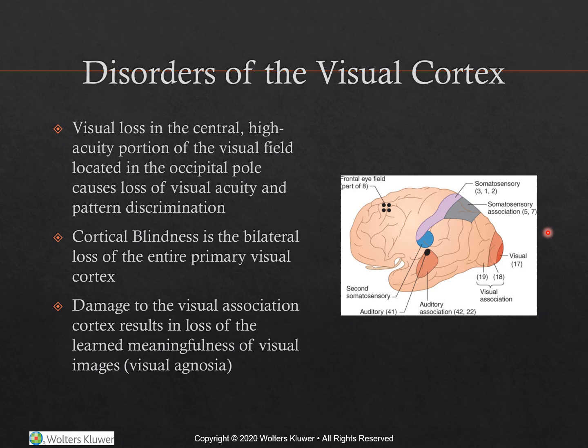So familiar objects can be described, but they won't be able to name them or to react to them meaningfully. Looking at a plant, I can tell that it's green and it's got this certain shape, but I can't turn it into the meaning of saying, yeah, that's a plant. So that's what we call visual agnosia.